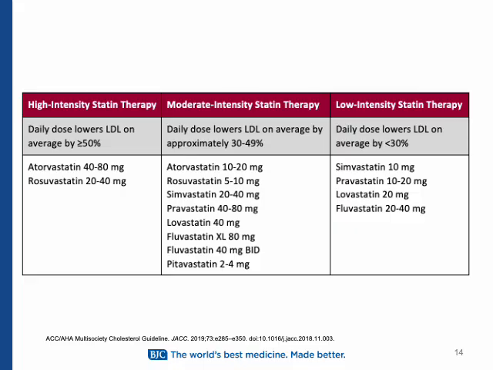You've got to understand that the dose does matter. Atorvastatin 10 milligrams is not the same as atorvastatin 80 milligrams. So when reviewing medication lists or counseling patients, knowing the intensity level helps you understand whether the treatment matches their cardiovascular risk.